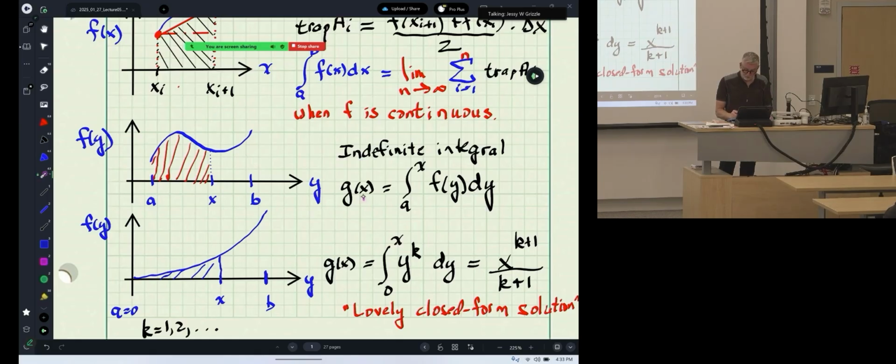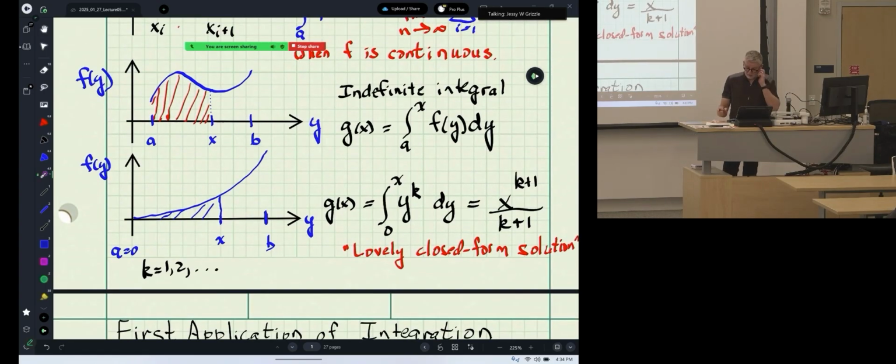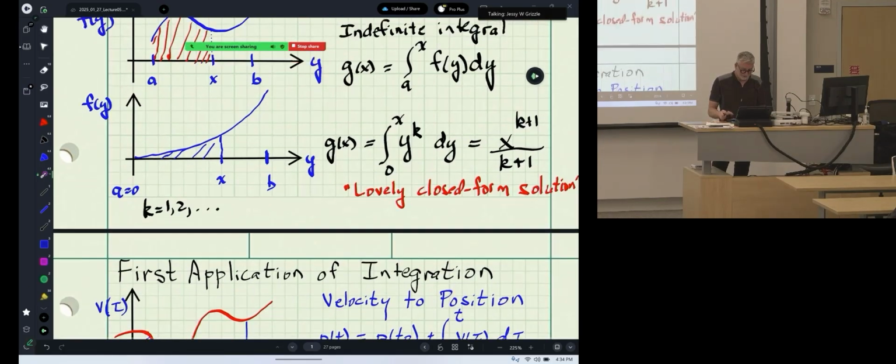So this is really more vocabulary than a concept, because as soon as x is fixed, then it's the same integral that we were calculating before. But you realize then that integration applied to a function can give you another function. And that's important because, as we'll see in just a second, that's how you undo velocity to get position.